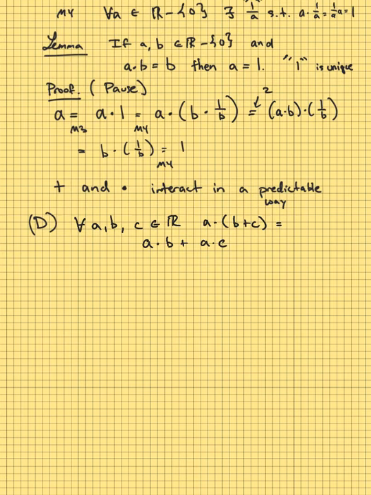Okay? Oh, and also, I guess I should write one more. If I have b plus c times a, this is b times a plus c times a. Okay, so it turns out this also has interesting consequences.